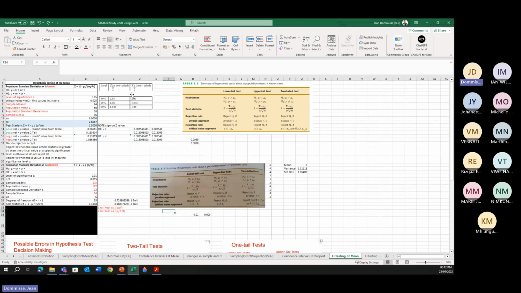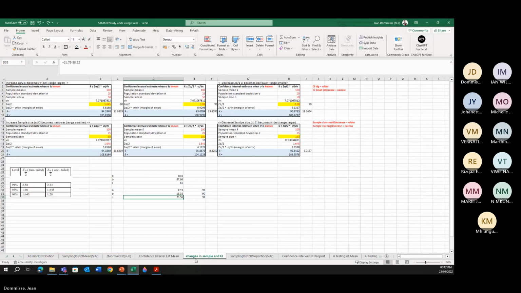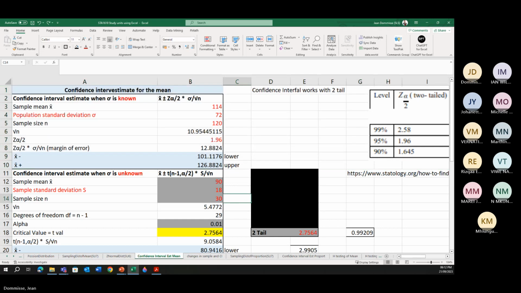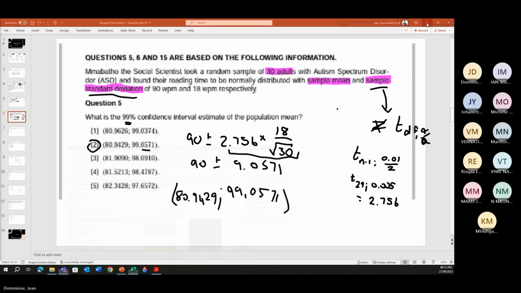But again, suddenly there's a lot of information, but we might only work on the one component, then hide the rest as you work through the question. Okay, so let's then get to the next question.